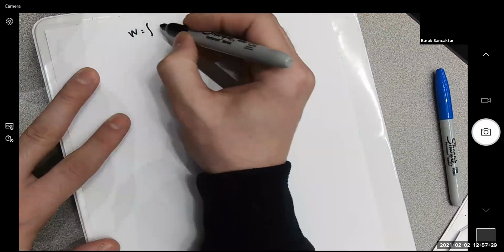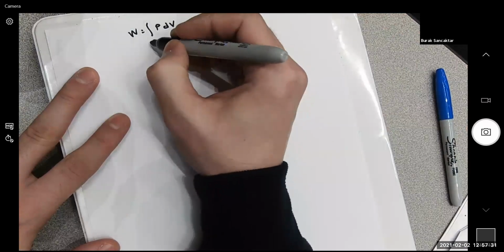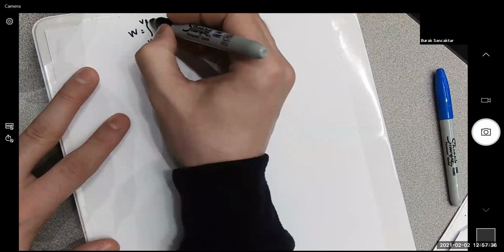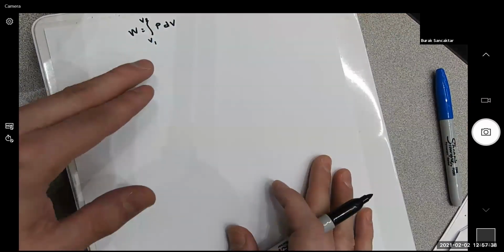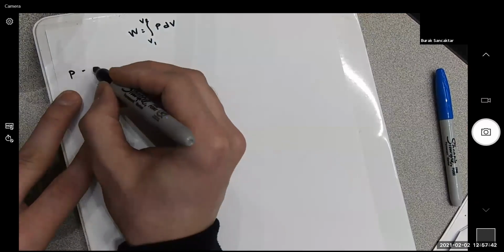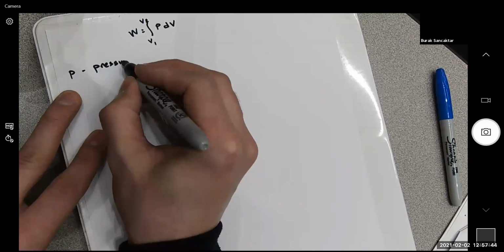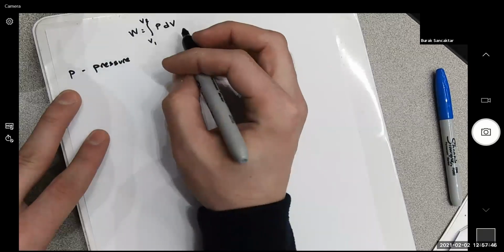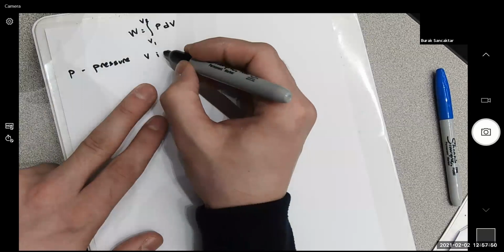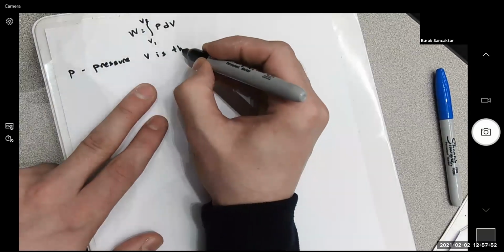Work equals pressure times the volume difference, right, from state 1 to state 2. P here is pressure, and we add the volume.